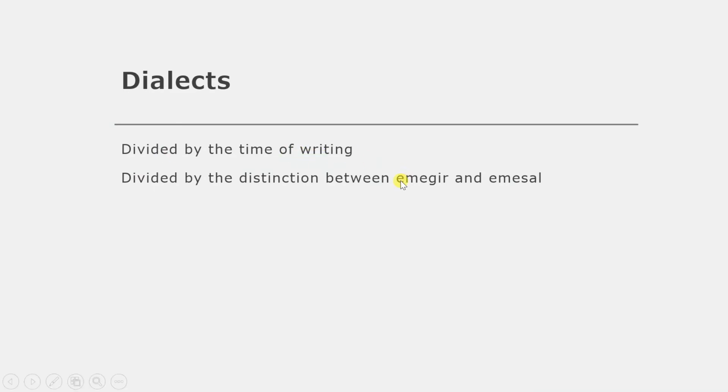So Emegir being sort of more what we might think of as the default variety, and Emesal, which was used in certain liturgical texts and exclusively by female characters in certain texts, to represent the speech of female characters in certain texts.